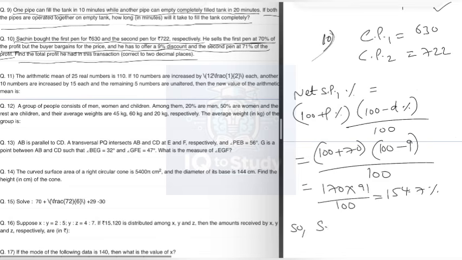So selling price becomes cost price, which is 630 into 154.7%, which is equal to 974.61 rupees.